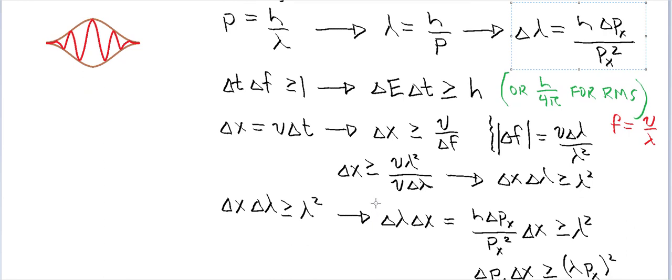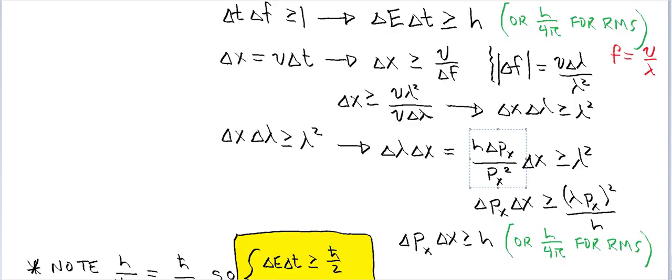If we sub in for delta lambda this equation, we get that h times delta p over p squared times delta x has to be greater than or equal to lambda squared.